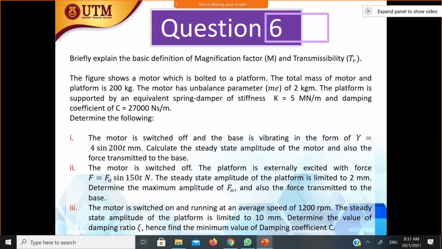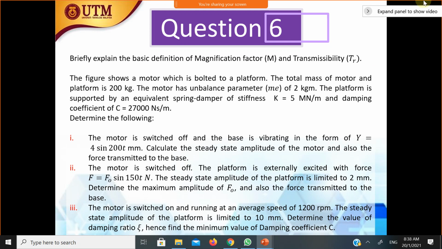The figure shows a motor which is bolted to a platform. The total mass of the motor and platform is 200 kg. The motor has an unbalanced parameter me of 2 kg meter.